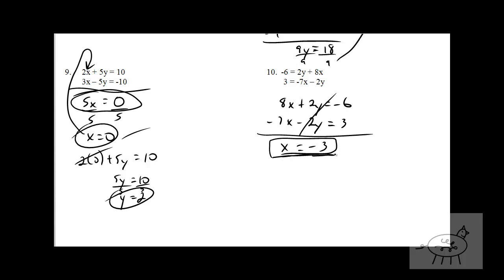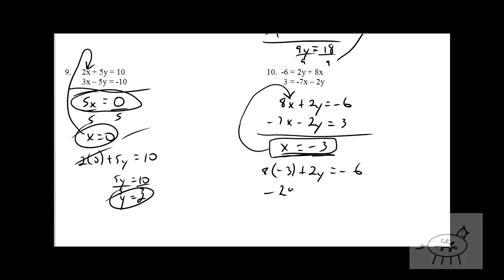Okay? And then in order to find out the y value, I'm going to plug it into one with the least number of negatives. So I'm going to go with the first equation right here. So it's 8 times negative 3 plus 2y equals negative 6.